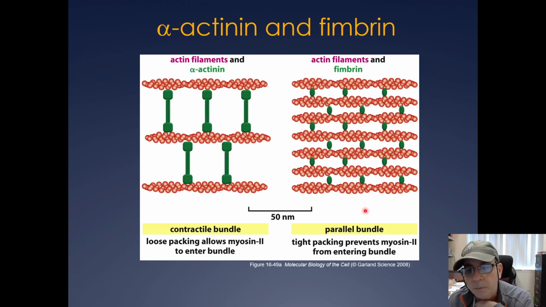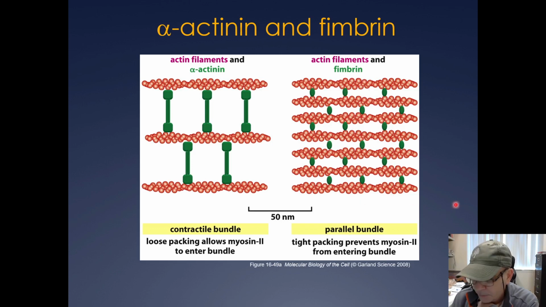When you have a tight parallel bundle, that's actually cross-linked with fimbrin, and you can see that it's tight, and that actually won't allow a motor protein to enter into it.